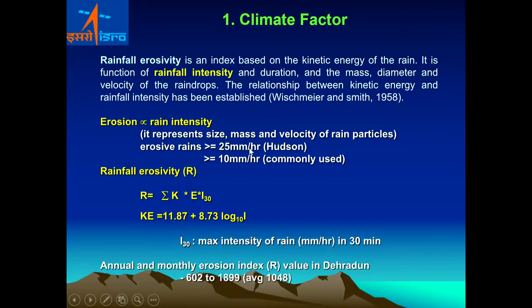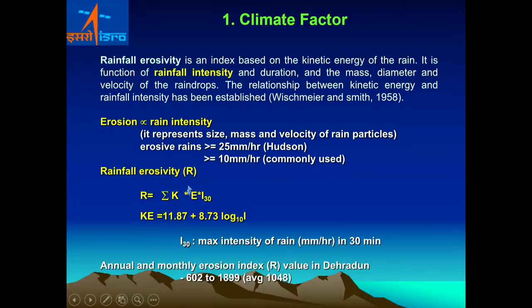This rainfall intensity indirectly represents the size of the particle, the mass of the rainfall particles, and the velocity of rain. Because of velocity, you can convert it into kinetic energy. So for the rain, we calculate the energy, that is rainfall erosivity.